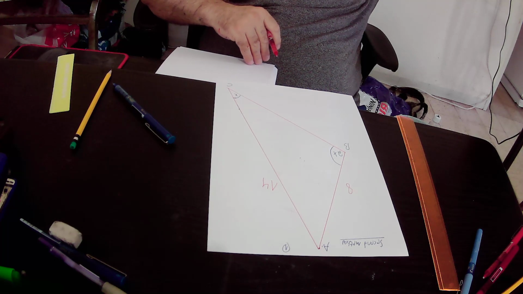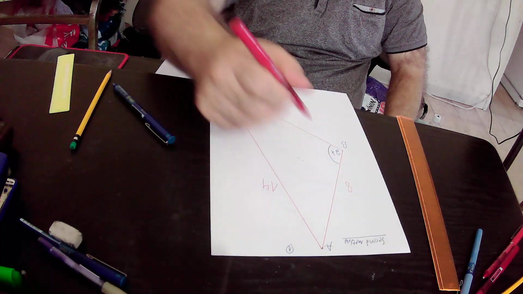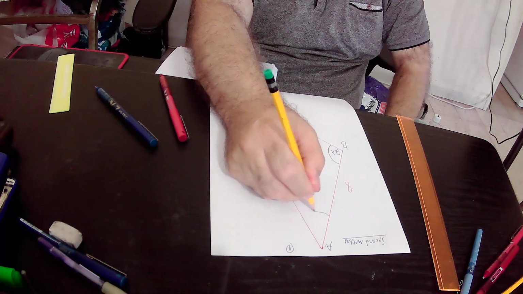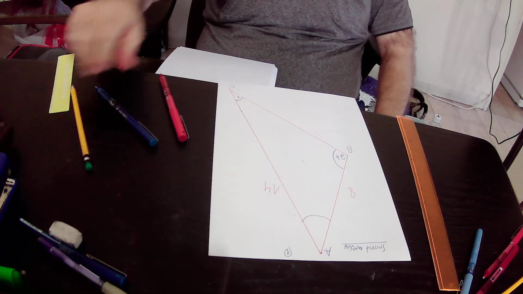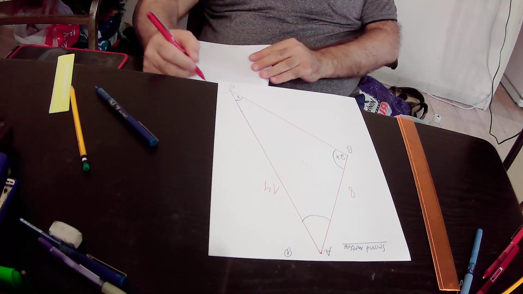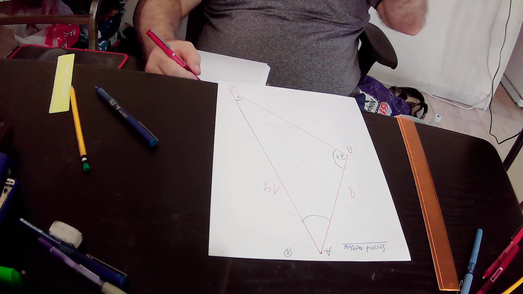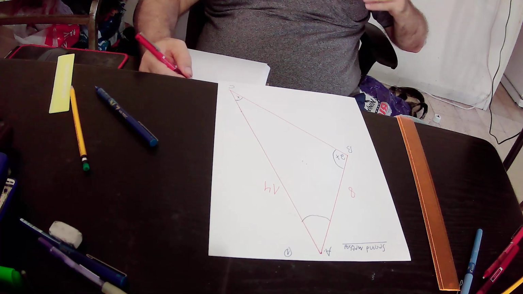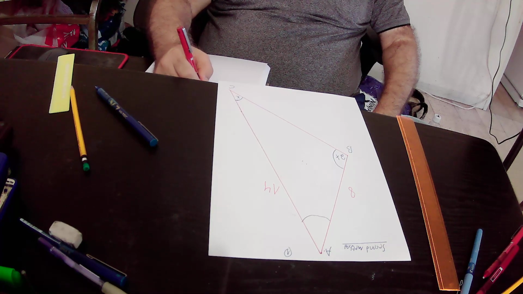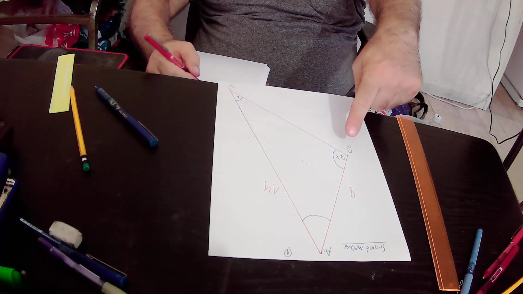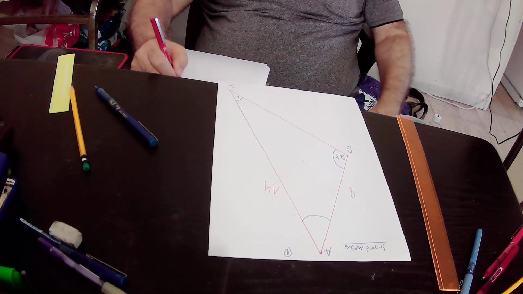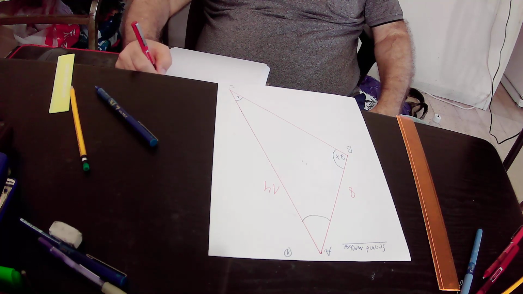What is the size of angle A? Actually, we have a rule that states that the sum of the angles in any triangle equals 180 degrees. That is to say, angle A plus angle B, that is 2x, plus angle C, that is x, must be equal to 180 degrees.